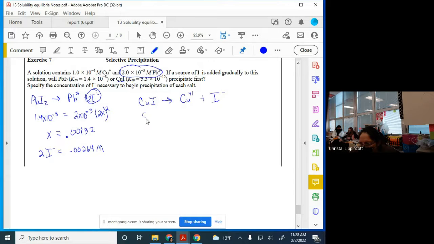So here we have 5.3 times 10 to the minus 12 equals, we know that our copper, they told us, was 1 times 10 to the minus 4, and this guy we're going to represent with X. So solve for X here, which is the iodine, and that ends up being 5.3 times 10 to the minus 8.